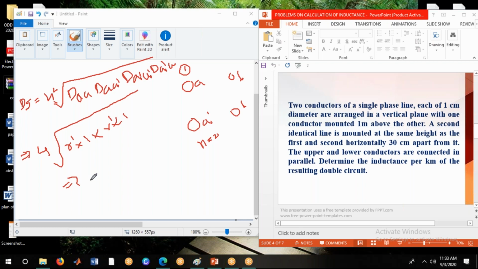So here R dash is 0.00389. Find the value of DS.